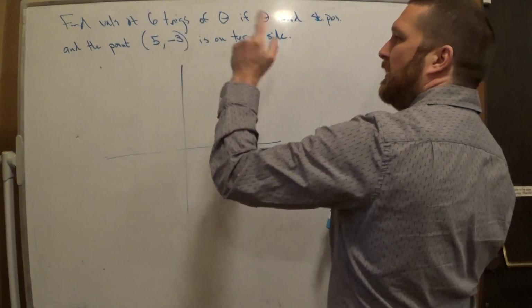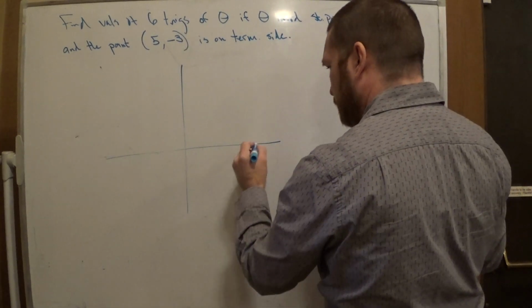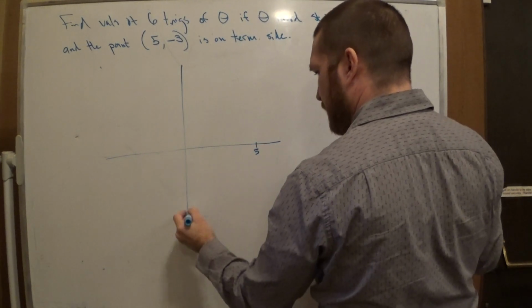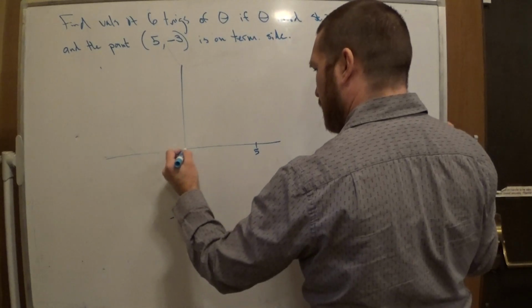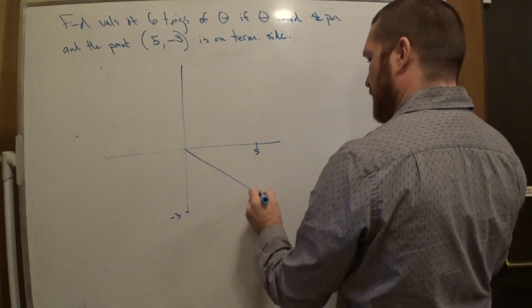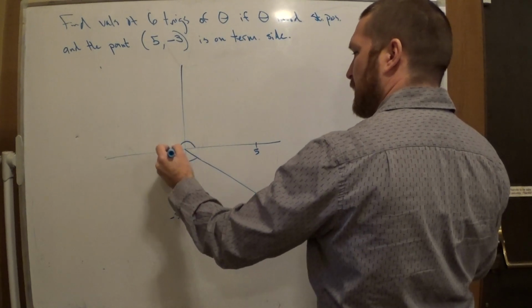In this case it's (5, -3). So there's a point (5, -3), and that point is on the terminal side. That's how your book put it. And so theta is like this.